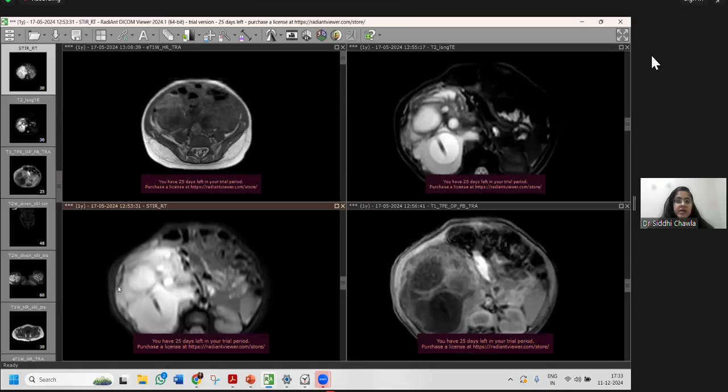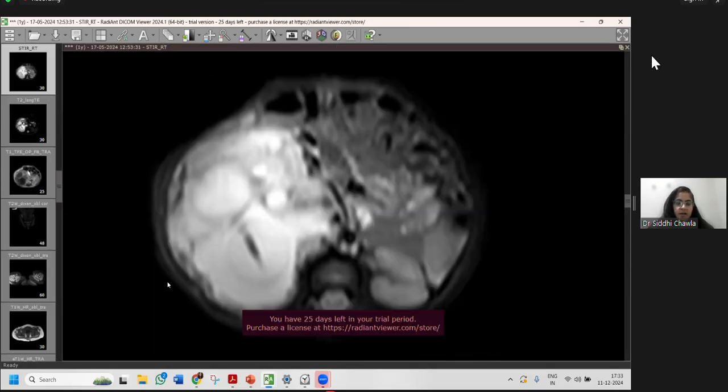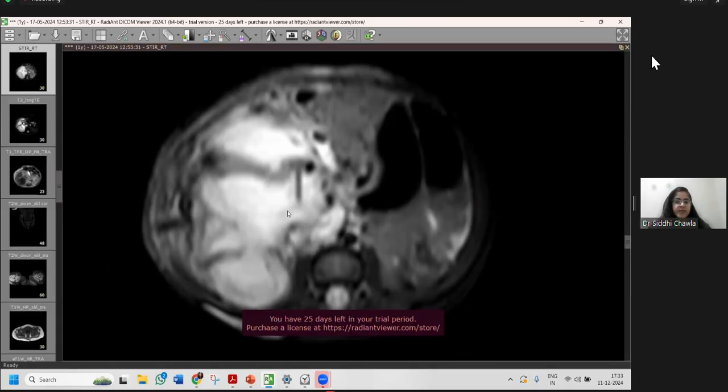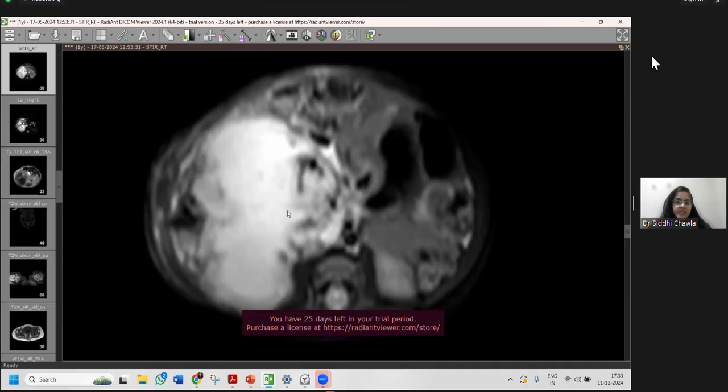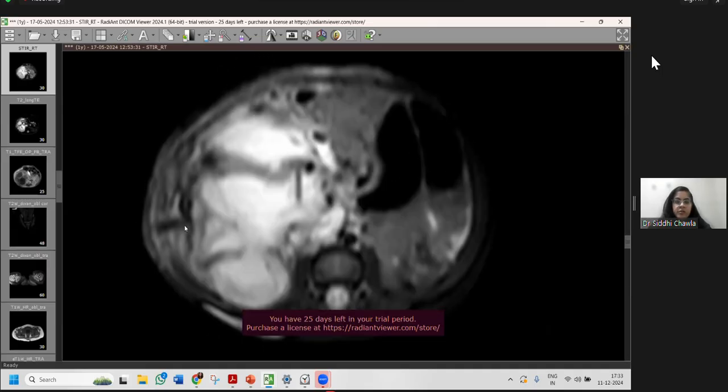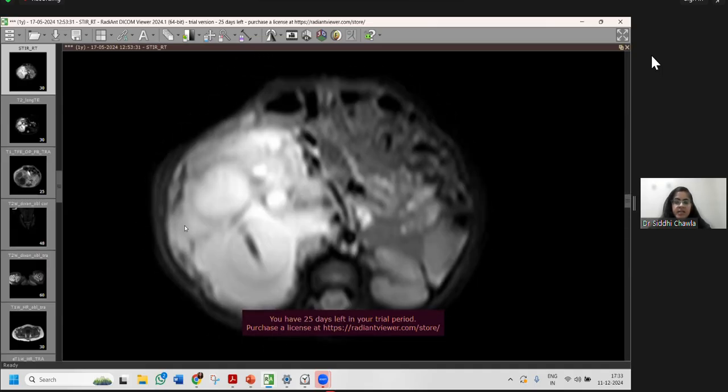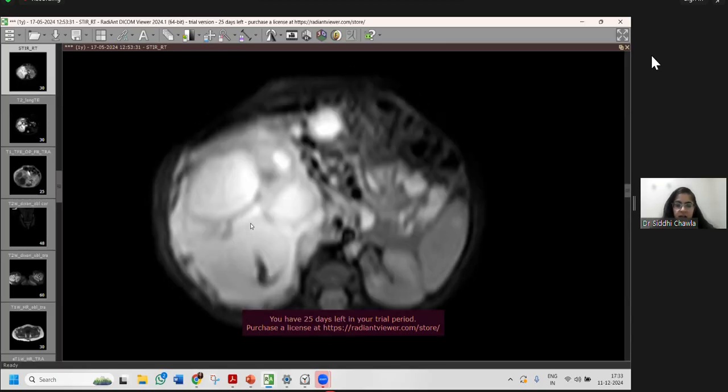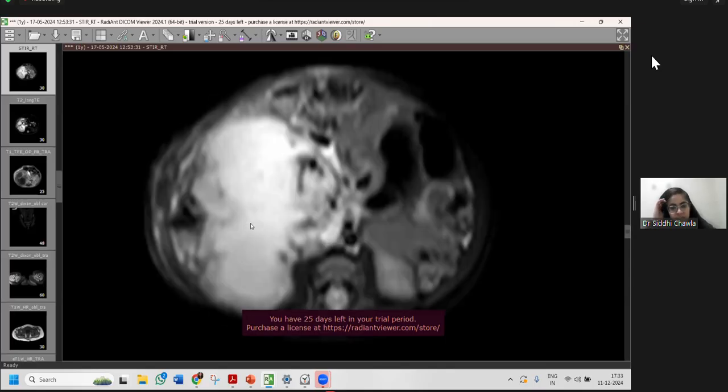I can show you in detail also. You can see how the pigtail is entering the cystic lesion, assuming that it was an abscess, and you can see the bulb of the pigtail. It was inserted, and nothing came out of this lesion. It was a grave mistake by whoever treated the patient outside.